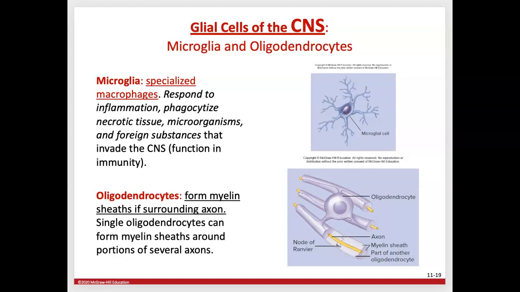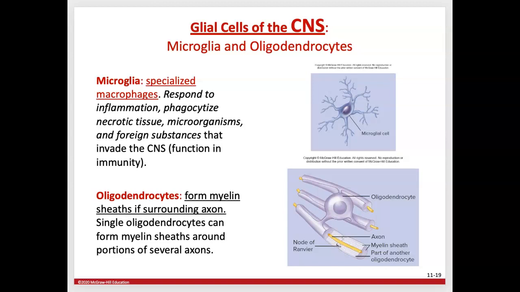The microglia respond to inflammation, they phagocytize necrotic or dead tissue, and they phagocytize microorganisms and foreign substances. So they are closely associated with our immune system, keeping our CNS healthy.